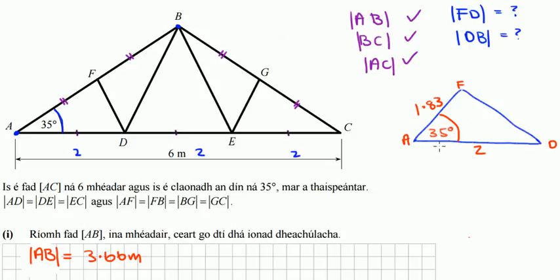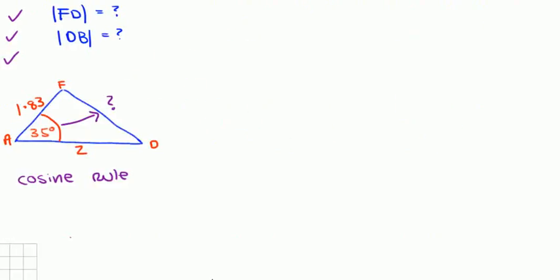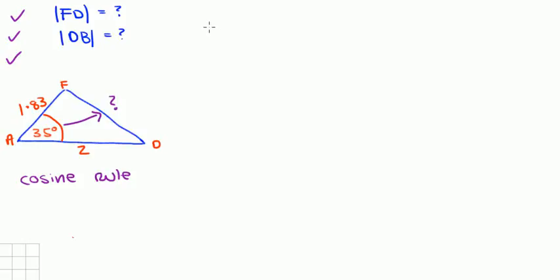The pattern that I look for is that if I have an angle and 2 sides at either side of it and I'm looking for the opposite side, I'm going to be using my cosine rule. Our cosine rule we'll find in our log tables. So all I'm going to do is go back to my diagram and label everything so I can substitute everything in. 35 is going to be A, my angle, so therefore FD is going to be the smaller side a, because it corresponds to the angle.